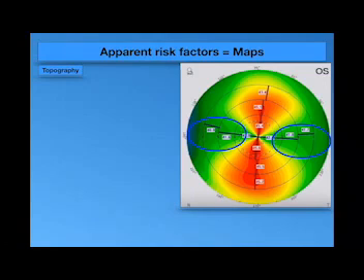So you will check first the topography, which is the sagittal curvature map, to know the K readings, the Q1 and the Q2, the steepest and the flattest Ks, and the relation between the Q1 and the Q2.